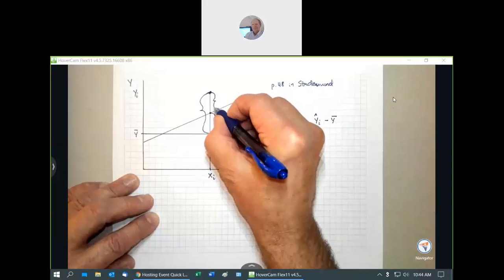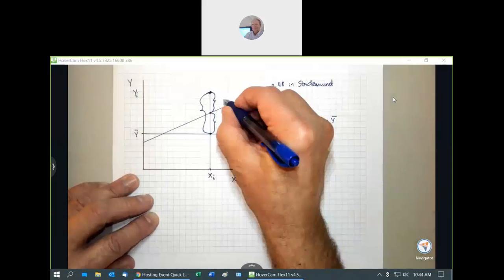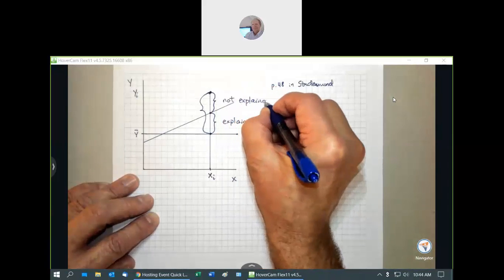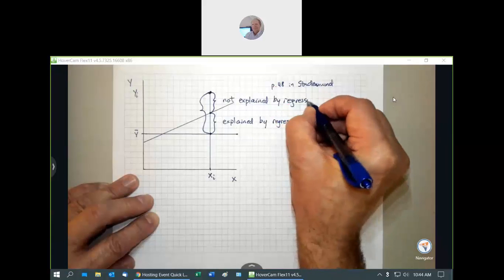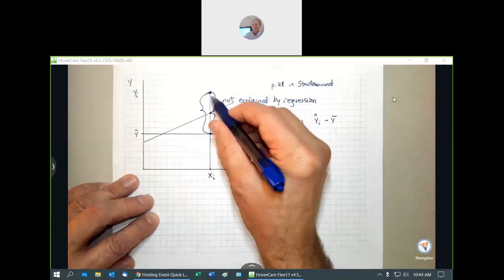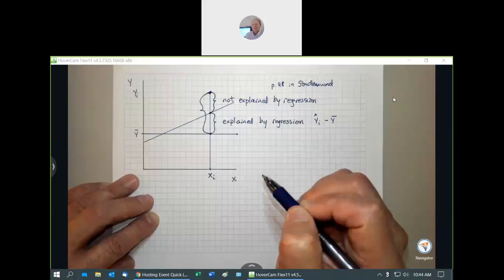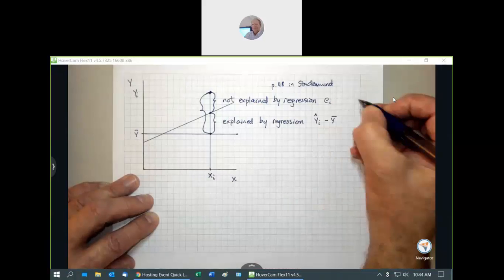But that's not all, because there's the part that is not explained by the regression. See that? Not explained by the regression. We've done our regression and it fits this value right here, but hey, that point is still farther above the regression line, and that is actually going to be the residual, the ei.